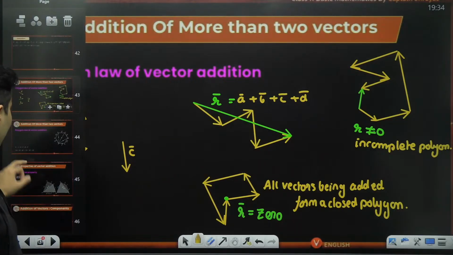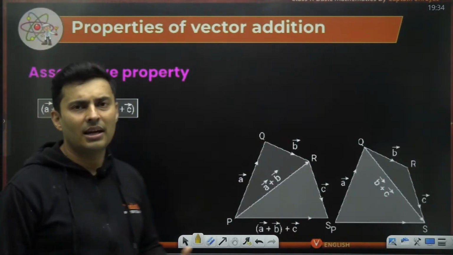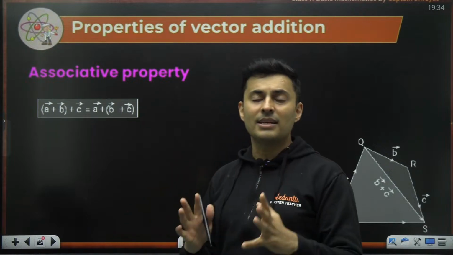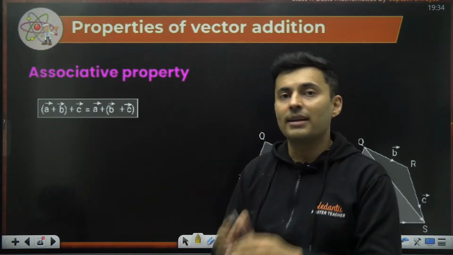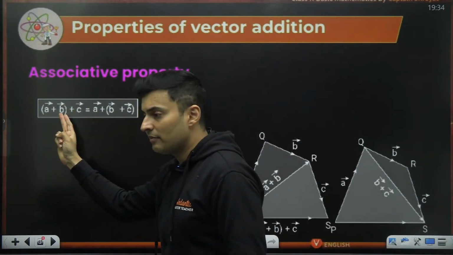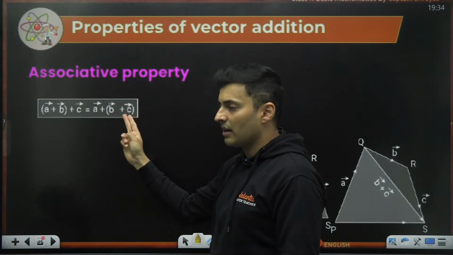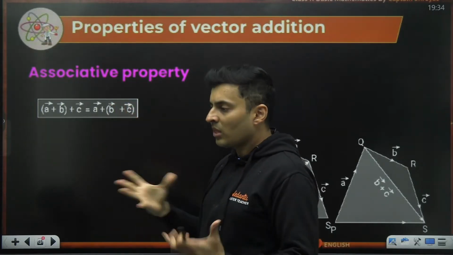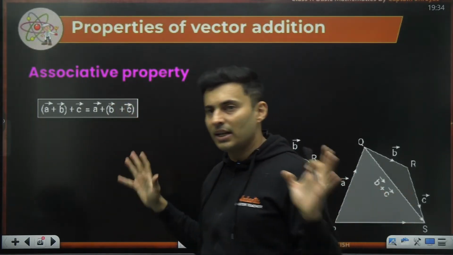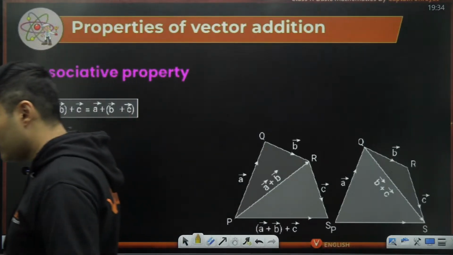You can take any first and then anything at the end. The result will be the same. That is, how do you associate? A and B are associated first, or B and C are associated first to then A. The result will be the same. That is called the associative property of the vectors.